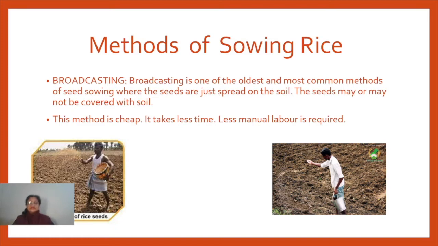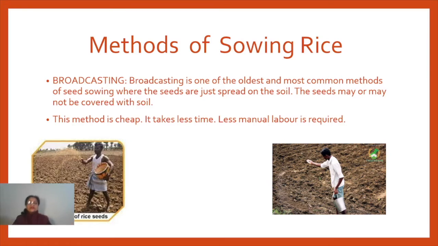Total yield gets affected by this, because one big reason is that in this method, at some places you will find so many seeds have come together, collectively found at one place. At another place you will find just one or two seeds, or many places are just lying without any seeds.